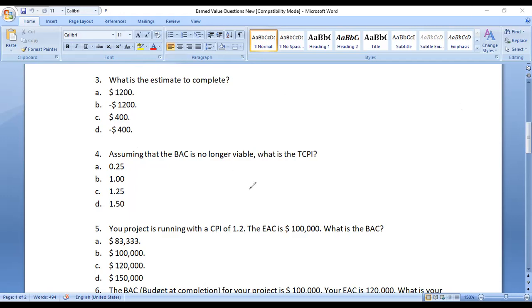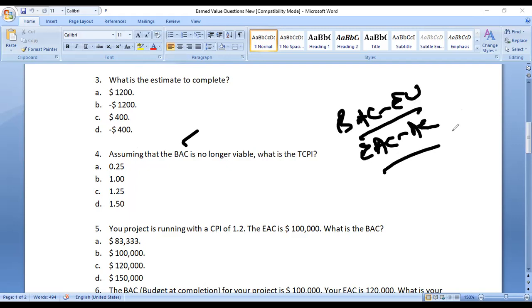Now you can see the TCPI formula. Your BAC is no longer viable, so what do you have to do? The formula is BAC minus EV for the remaining work, over EAC minus your actual cost for the remaining budget. So you are coming up with a revised TCPI, because your original BAC is no longer viable.